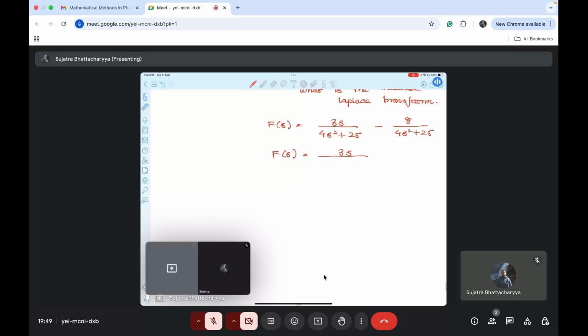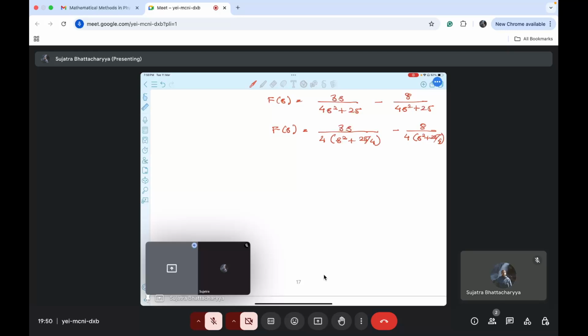For F(s), in the 3s term, can I take 4 outside and get s square plus 25 by 4? And minus 8, again 4 can be taken outside, s square plus 25 by 4. Next, can we reduce it down to 3s by 4 times (s square plus (5 by 2) square), minus 2 divided by (s square plus (5 by 2) whole square)?